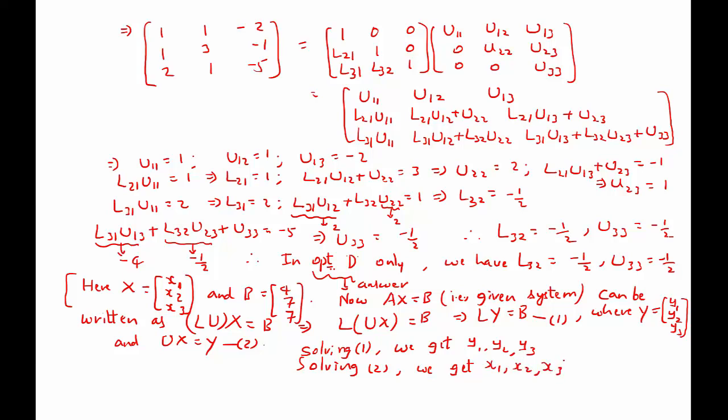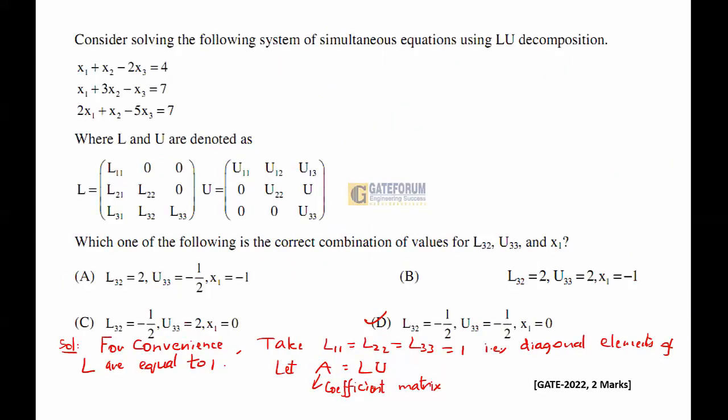It is a long process. Okay. So that's why only in option D is that value of L32, u33 given, logically. So not required to solve the entire problem here, because only in option D we got the answers. Okay. So in solving the two equations, first we'll be getting X3, then X2, then X1. That's why it's a lengthy procedure. Okay. If more than two options have the L32, u33 value, then definitely we solve the problem completely. So accordingly, the answer is option D. This is the end of the question.